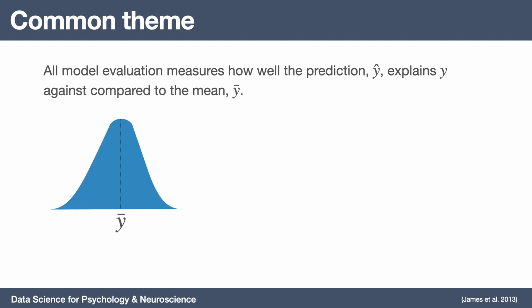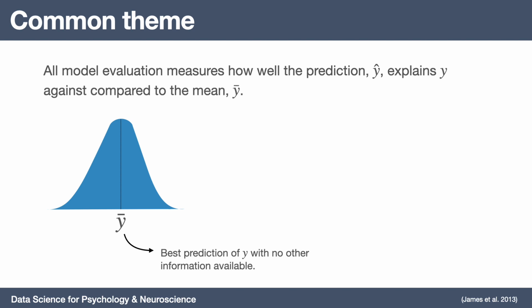So I have a y, a distribution of y terms, and remember, they're normal. So I have a mean. Without any other information, the best prediction I can make of any observation of y is simply the mean. If I don't know anything else about this data, the most likely observation I'm going to see is the mean.